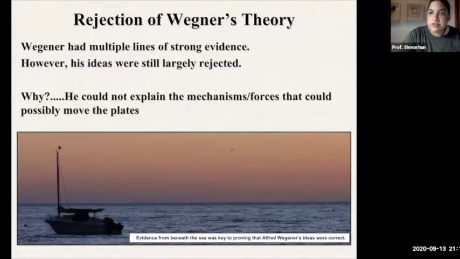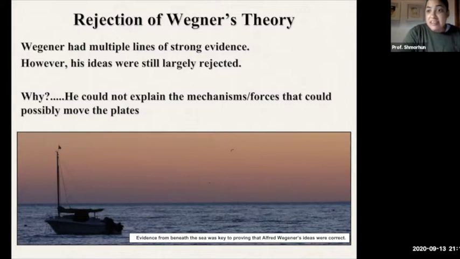Unfortunately, Alfred Wegener's theory was promptly rejected, and the biggest reason is that when he went to a conference and presented this work, the biggest backlash he got was that he couldn't explain how these continents have moved through time. The explanation is the mechanisms and the forces that could possibly move the continents in the first place.